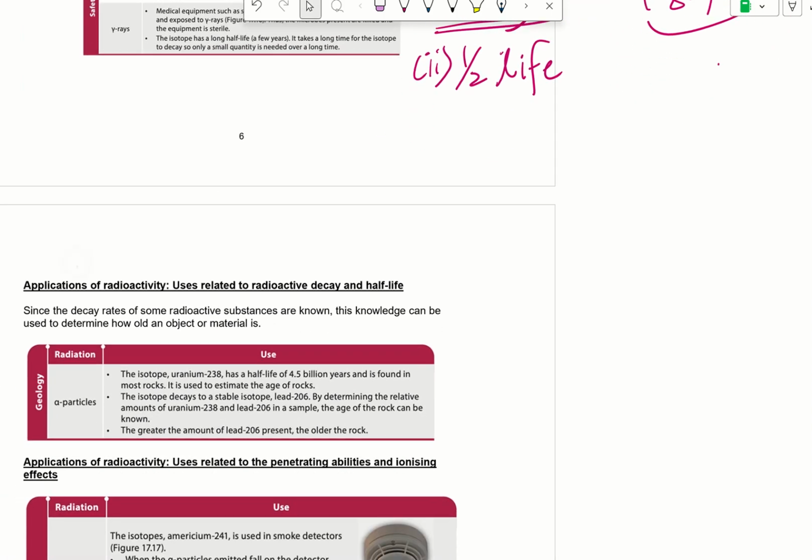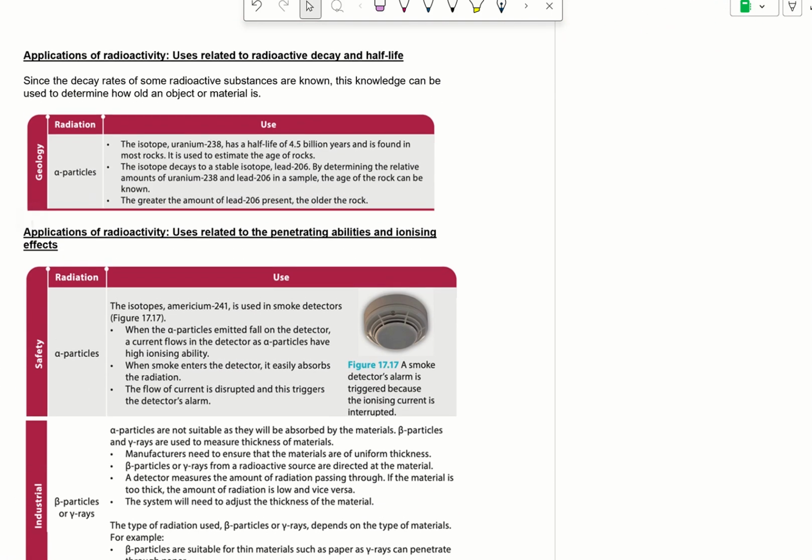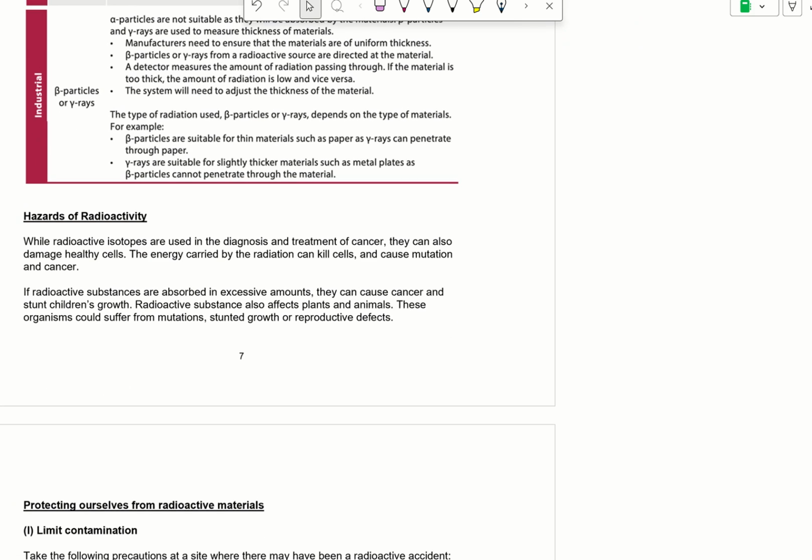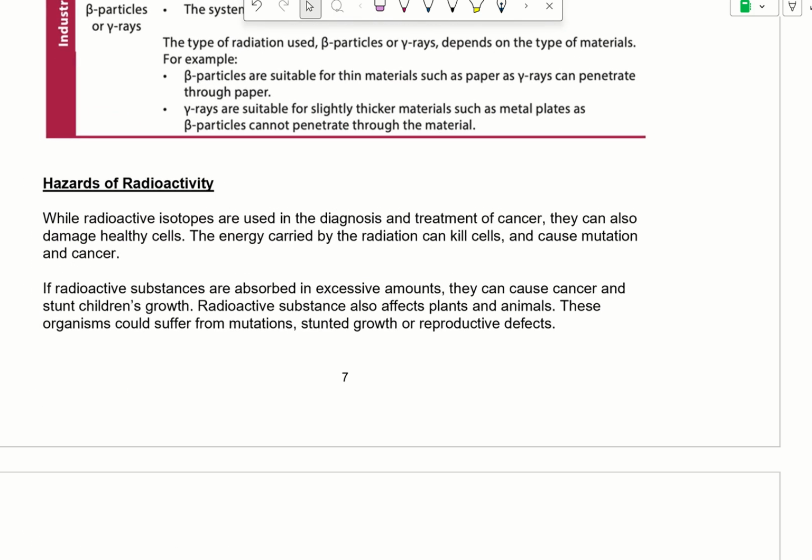So these are the applications. You have to read it by yourself. Then after that are the hazards. While radioactive isotopes are used in the diagnosis and treatment of cancer, they can also damage healthy cells. Too much of a good thing is not so good. The energy carried by the radiation can kill cells and cause mutation and cancer.